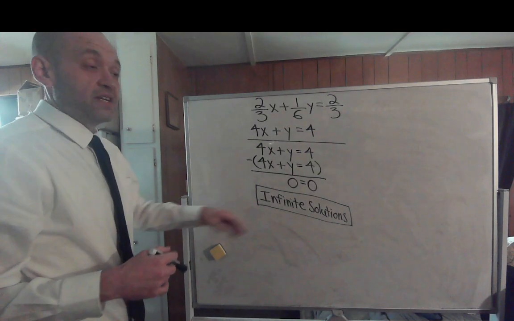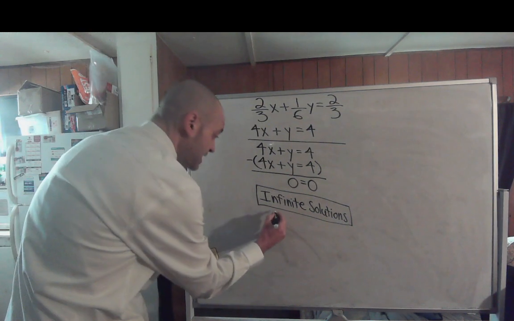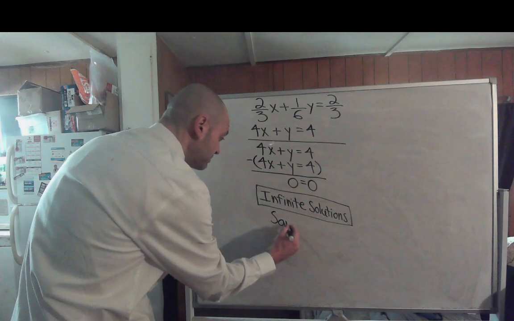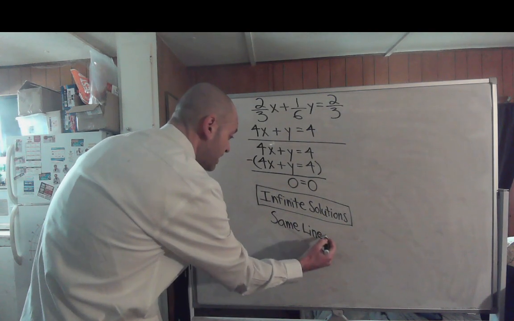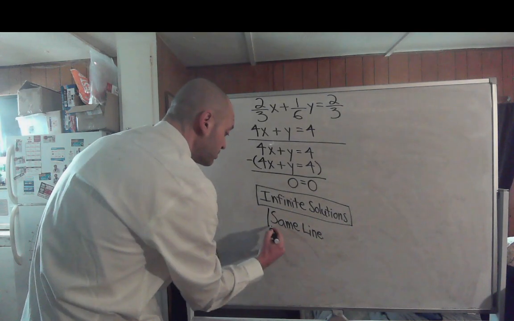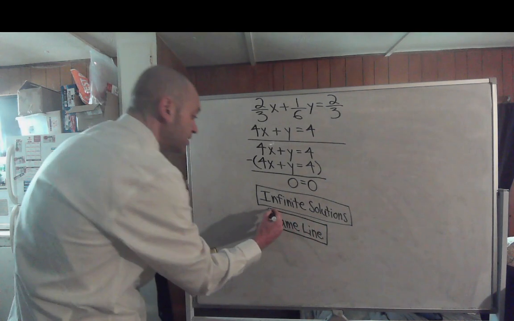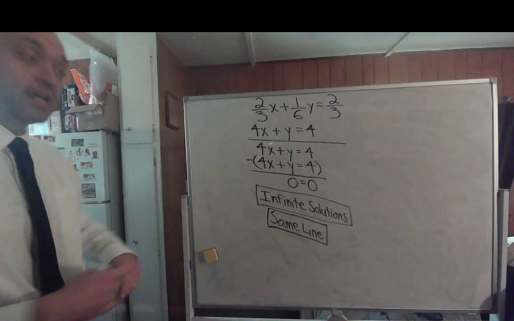And if there's infinite solutions, geometrically, graphically, that means these are actually the same line. They're the same line. They're not different lines. They're actually the same line. Not lines, then. That wouldn't be plural if they're the same line. So there are infinite solutions, meaning they're the same line.